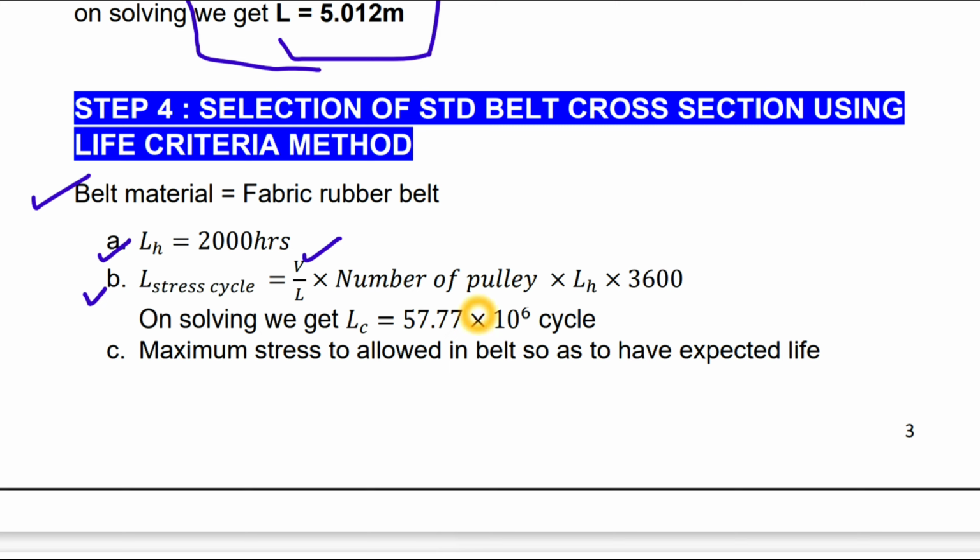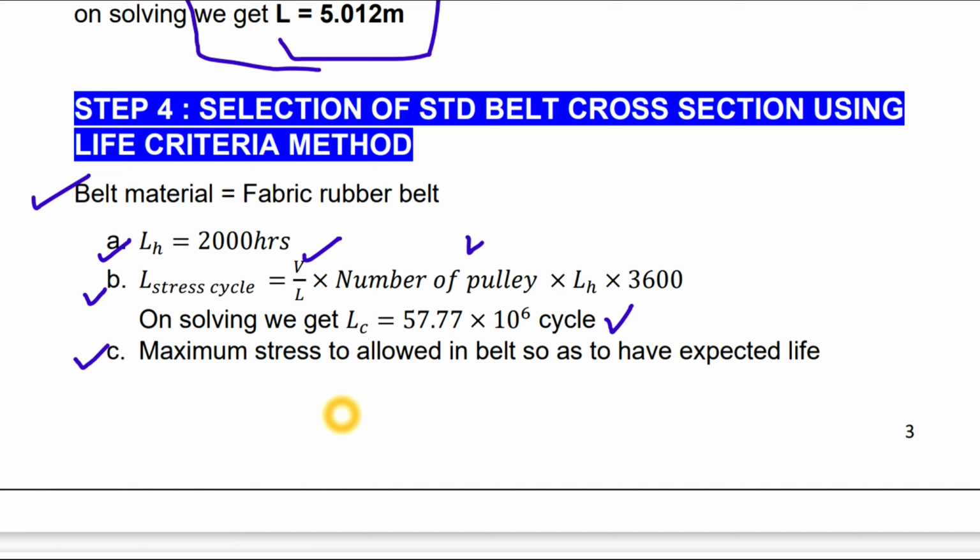The number of pulleys is 2, the driving pulley and the driven pulley. LH is life in hours, which is 2000 given in the question. Next 3600. After solving this you will get the life stress cycle value, which is 57.77 into 10 raised to 6 cycles.